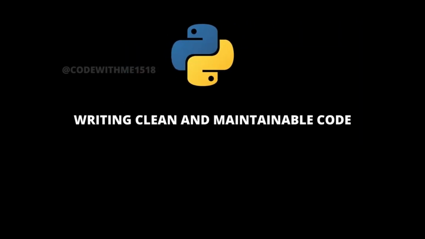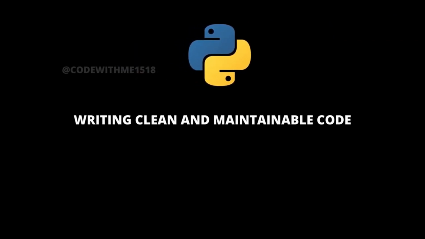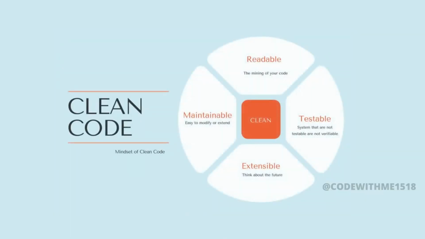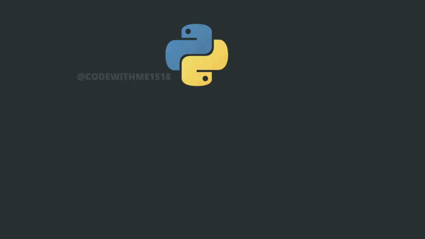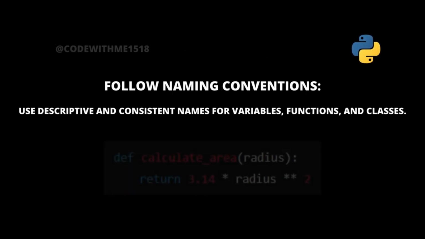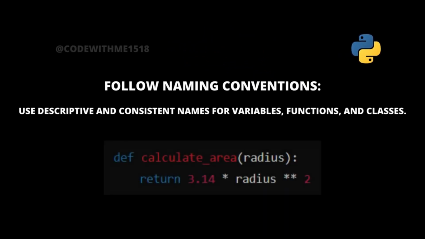Finally, let's talk about writing clean and maintainable code. Clean code is easier to read, understand, and maintain, which is crucial for long-term project success. Here are some tips for writing clean and maintainable code. Follow naming conventions: use descriptive and consistent names for variables, functions, and classes.